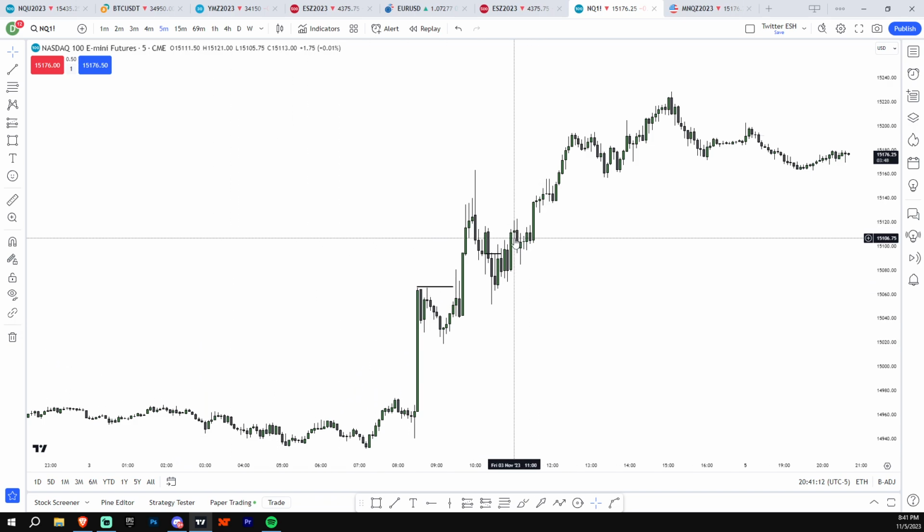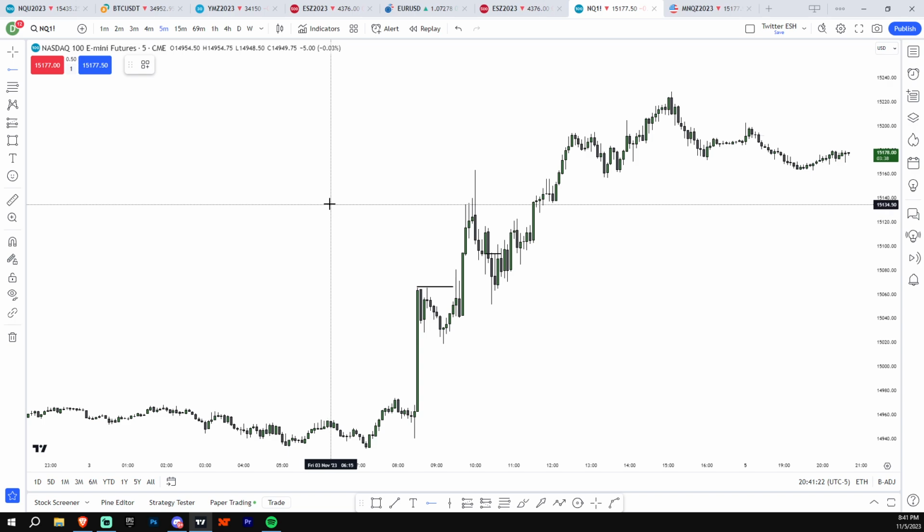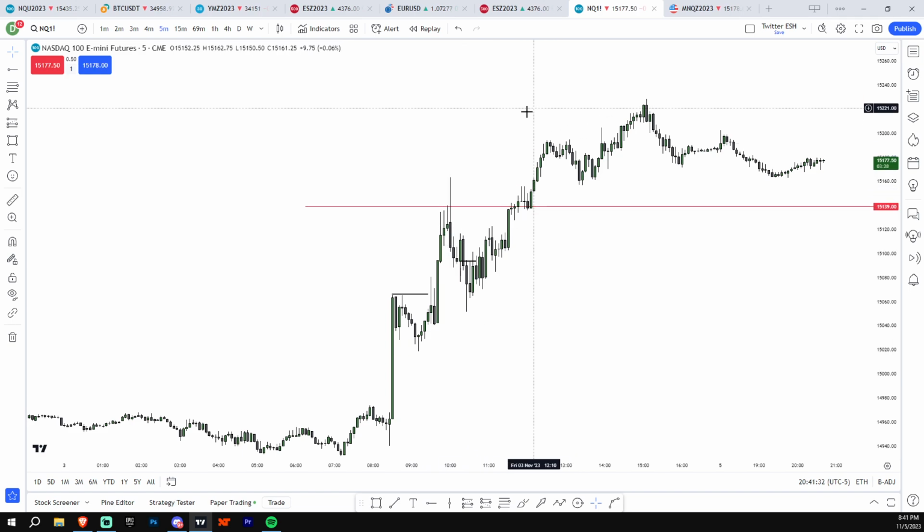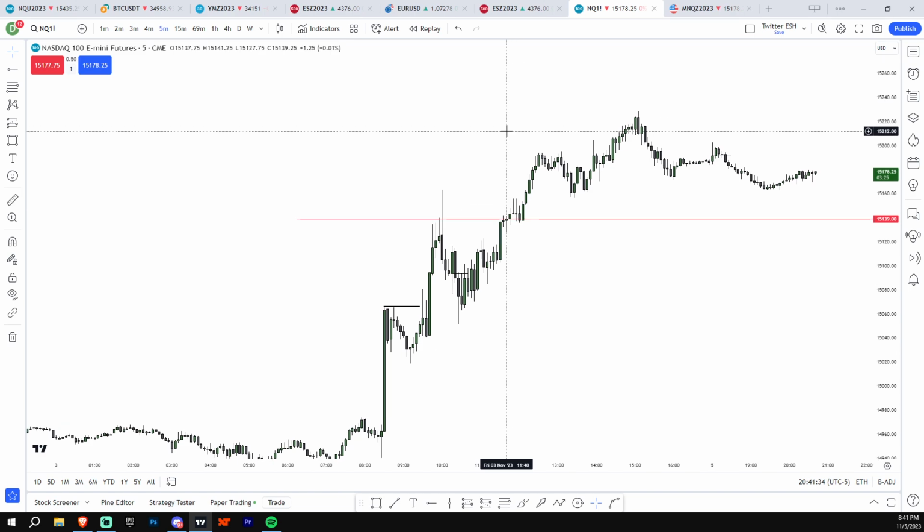And then once they hit, I don't expect them to do anything. I just watch to see the reaction when I hit them. When the ones hit up here, like at 15,140, I knew that there were still equal highs above. So I was looking for us to go over these at some point. Even though this reaction looked bearish in the moment, I knew that we still had equal highs above. I don't expect them to fail or break out when we hit them.